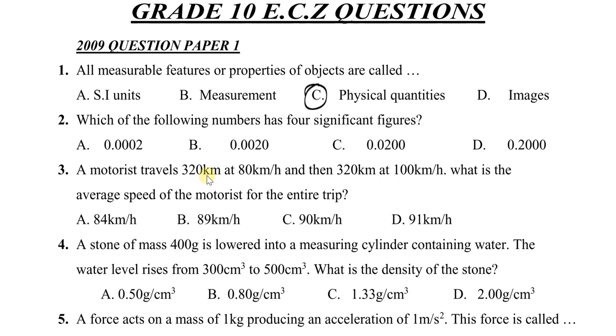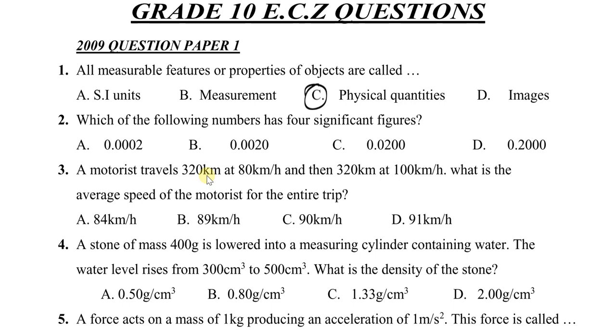Then question number 2 says which of the following numbers has 4 significant figures? Okay, first of all you need to understand what significant figures are. These are numbers that are known to be true with certainty, numbers that are believed to be correct with certainty in a measurement.